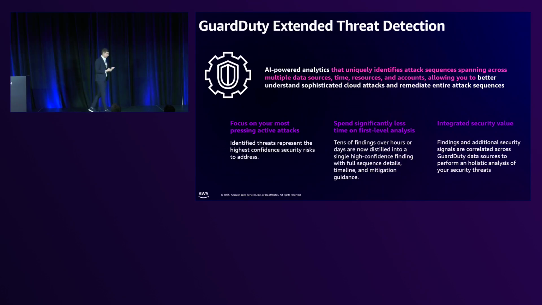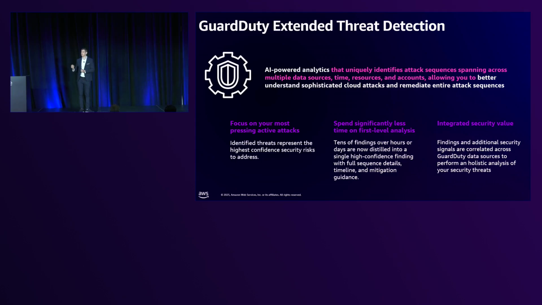So what we heard from customers over the past years was initially they wanted more scope of visibility into specific types of attacks. So for example, we added the coverage for EKS, both in terms of EKS control plane and then EKS runtime monitoring, to be able to detect attacks in such workloads. But then as we expanded the visibility, what you get is many different types of findings.